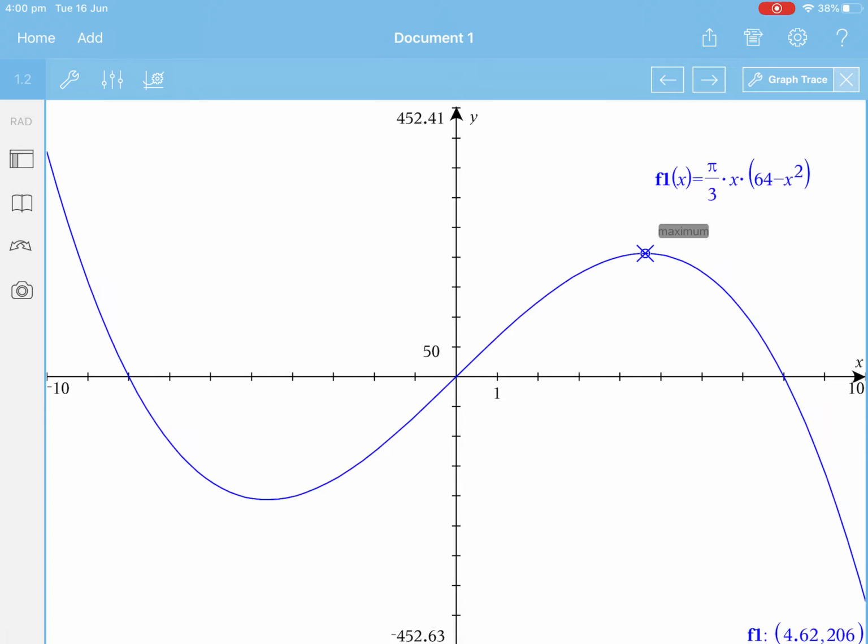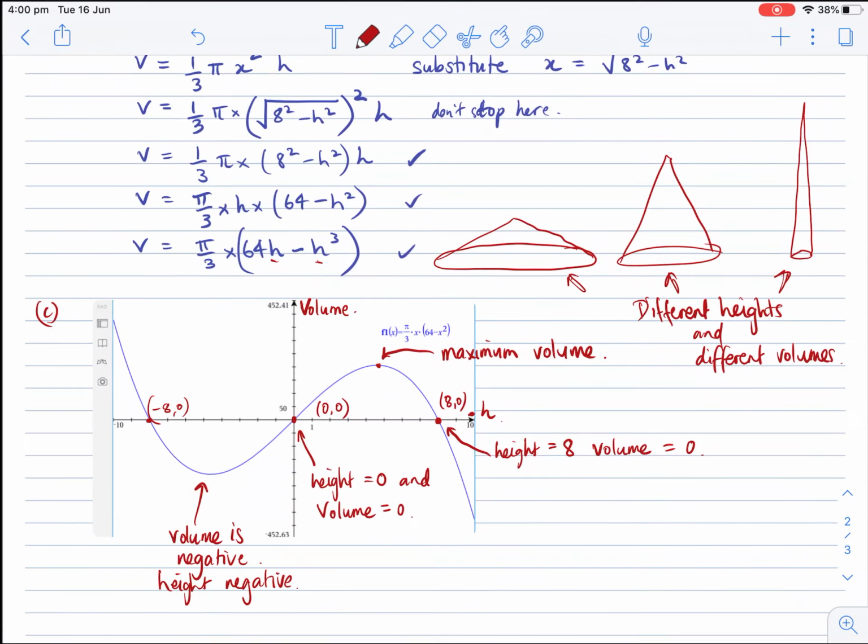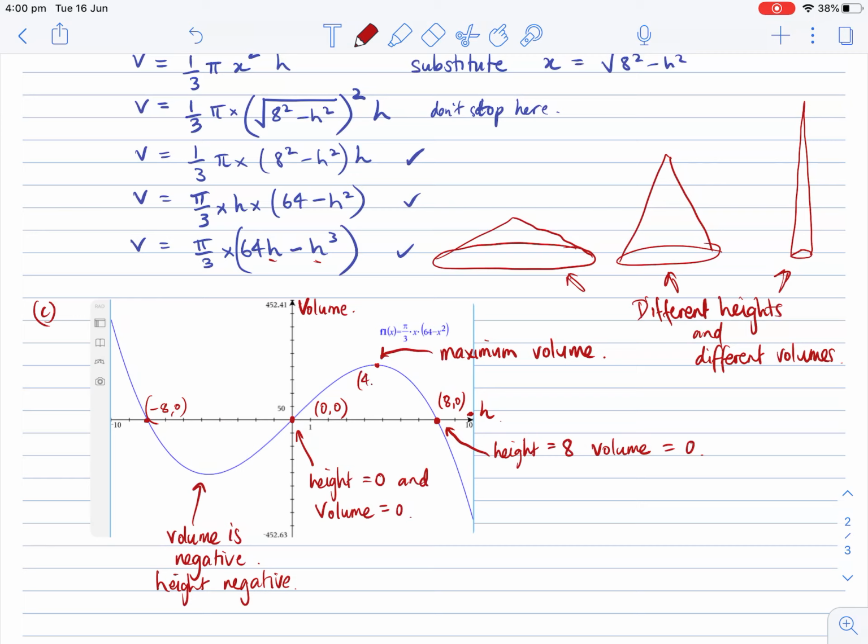And down the bottom it tells me that the coordinates for that maximum is when h, the height, is 4.62 and the volume is 206. So 4.62 and 206. All right, that's a pretty good graph. I'm going to leave it like that for now, and I'm going to move on.